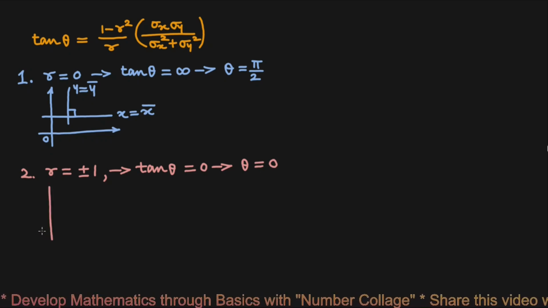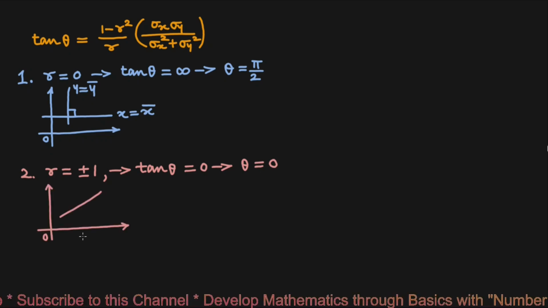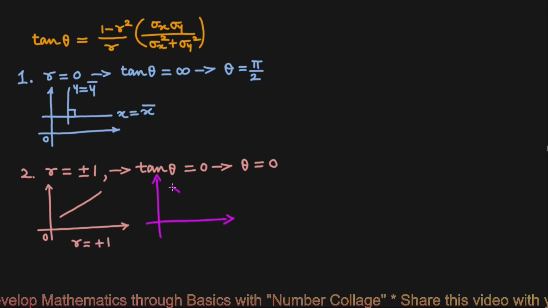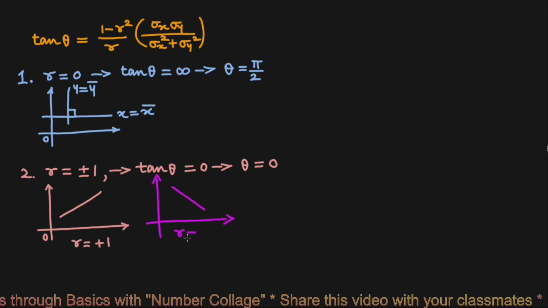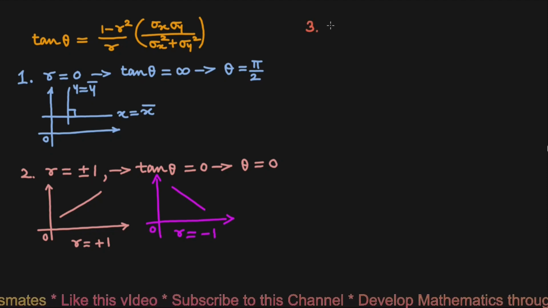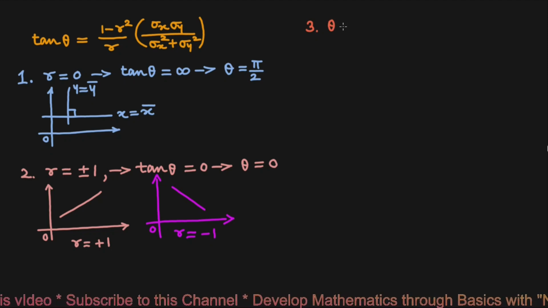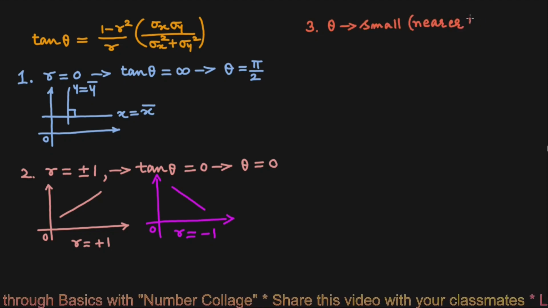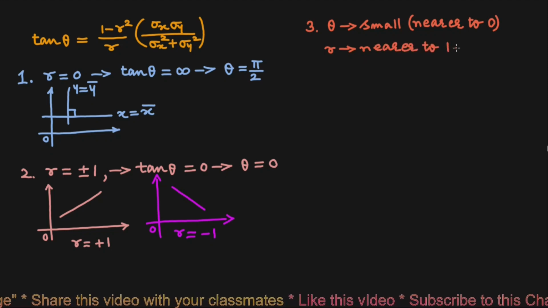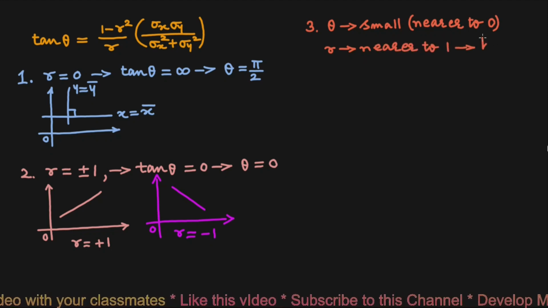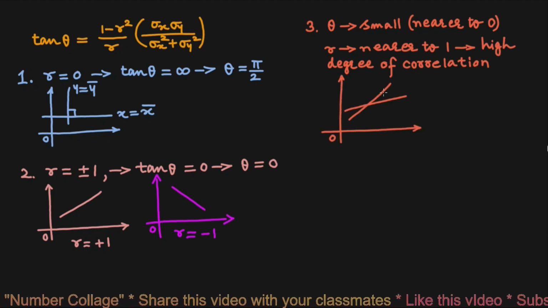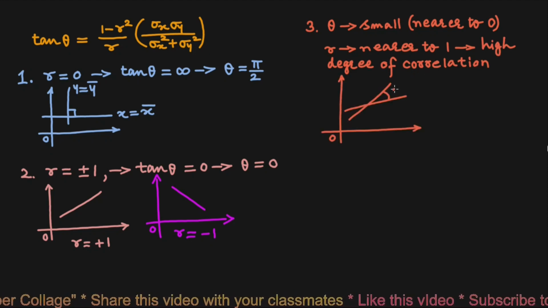The lines will be coincident like this when r is plus 1 and coincident like this when r is minus 1. In the third interpretation, when theta is small, that is nearer to 0, r will be nearer to 1 because there is a high degree of correlation, and the lines will look like this with a small angle theta between them.